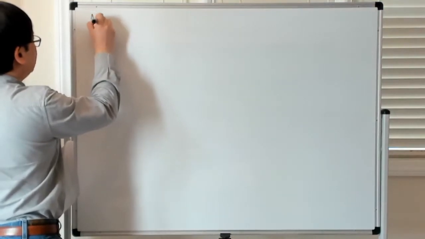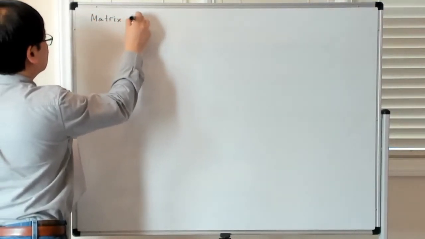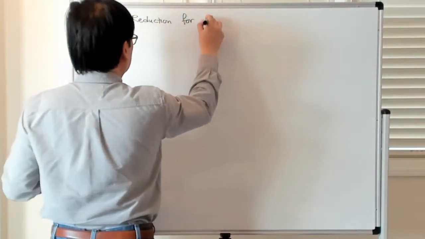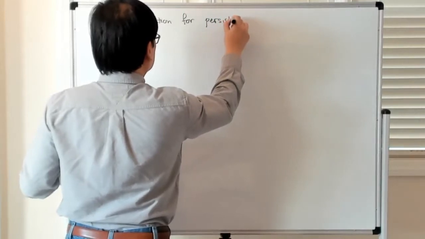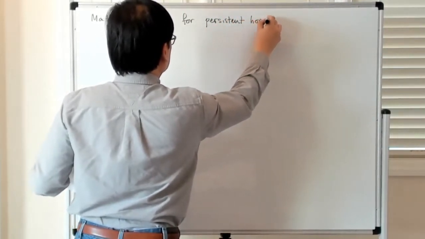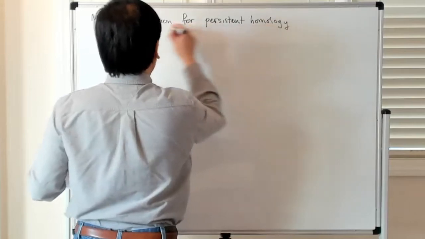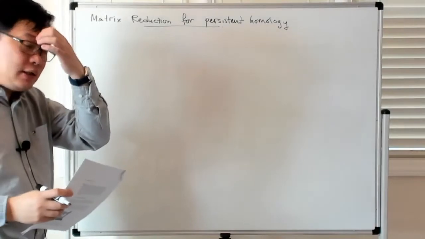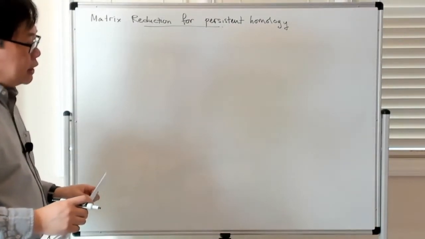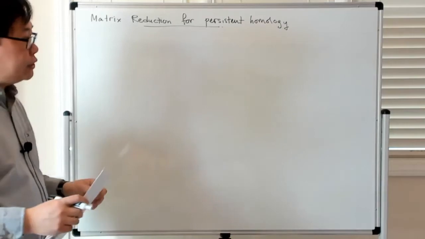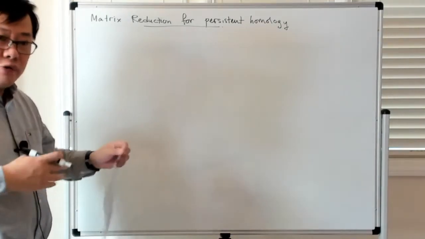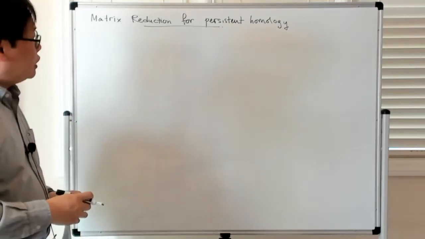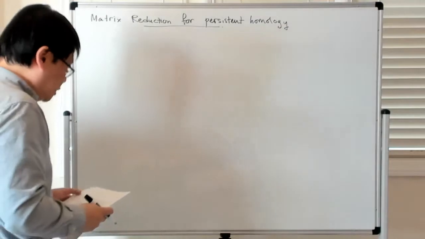So this is matrix reduction for persistent homology. Okay, the first order of business is to look at how we're going to represent this boundary operator. As I alluded to, what we're going to do is basically combine all the individual boundary matrices, for all simplices of different dimension, into a single boundary operator.